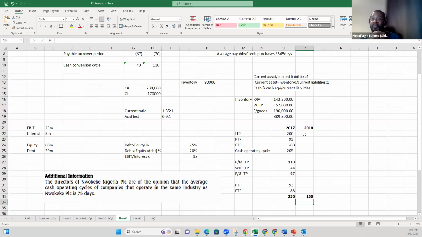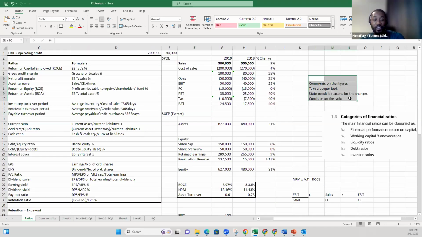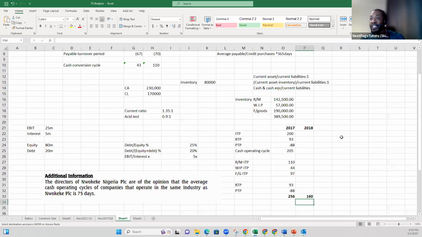Fantastic. I'm satisfied, right? The only thing you then want to do is you want to bring in these. Where is that page? You want to bring these to make sure that you do things appropriately. Don't leave the part where we said comment on the figure.